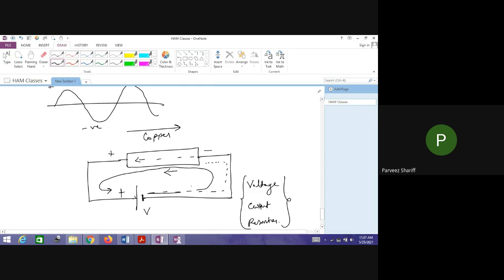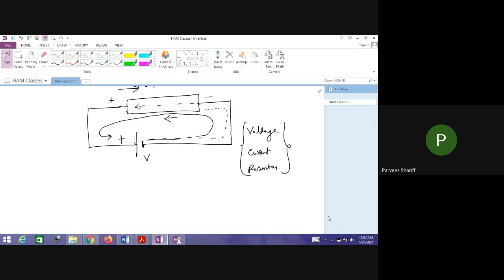Electrons always move from negative to positive, but we always say current moves from positive to negative. Whenever we show the movement of electrons, we call it the electron current.